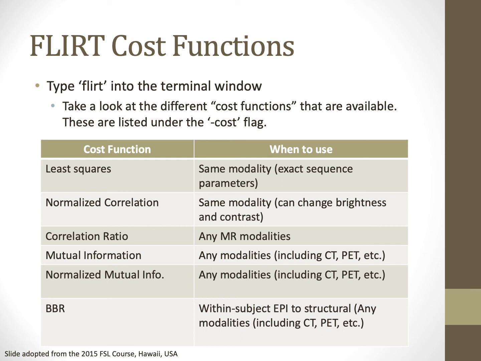And BBR is a within-subject EPI to structural cost function. It's specific for when trying to align echoplanar imaging data to structural imaging data, for example, when trying to align functional imaging data to your structural T1 weighted image.